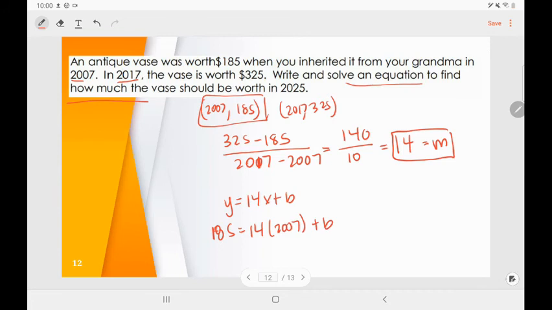So here we go. 14 times 2007 is a very large number. Make sure you're using your calculator.